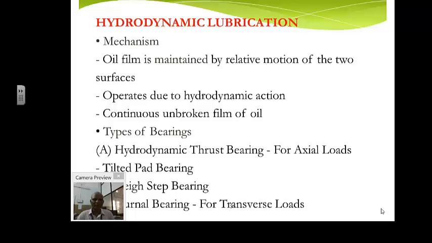Generally the hydrodynamic thrust bearings, hydrodynamic journal bearings, tilted pad bearings, Rayleigh step bearings, etc., operate under hydrodynamic lubrication. The ratio of the film thickness to average roughness is quite high in the case of hydrodynamic lubrication. It is more than 5. Whereas in the case of boundary lubrication, the other extreme, it is less than 0.5.